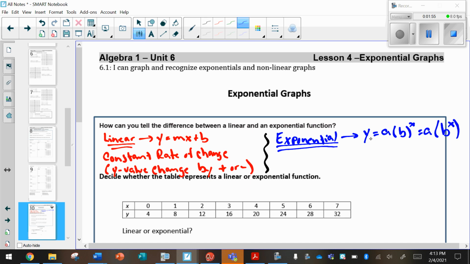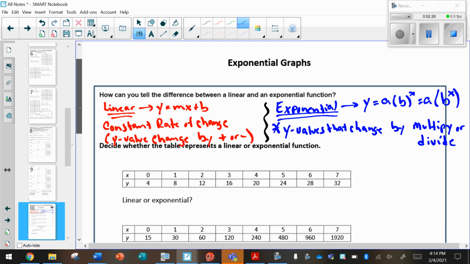An exponential graph has y values that change by multiplication. Now, if you multiply by a fraction, then it looks like division. So when you see in the table that the y values change by multiplication or division, then it is an exponential graph. If the y values change by adding or subtracting, it is a linear graph.